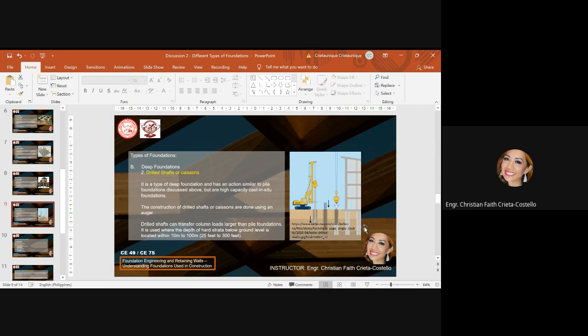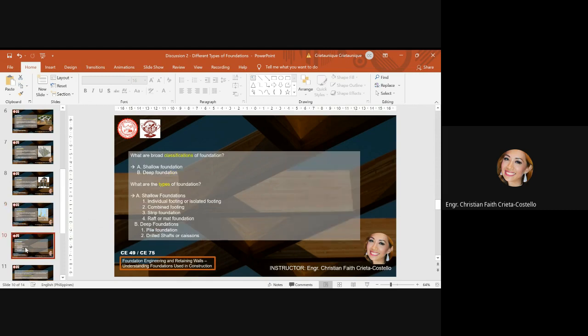If this kind of foundation is constructed on such soil formations, like a caving formation or one made of boulders or an artesian aquifer where water sources come from, then the purpose of drilled shafts will no longer work.